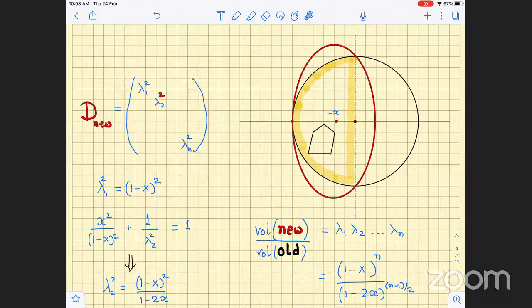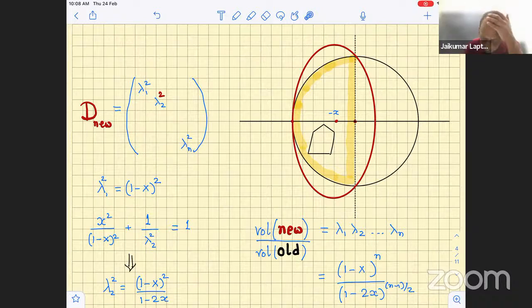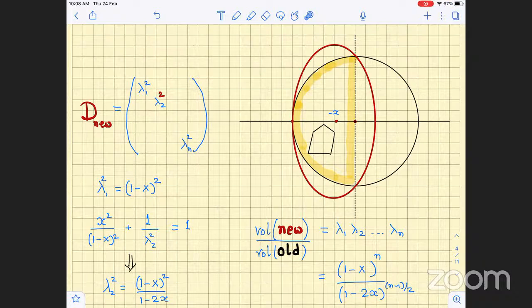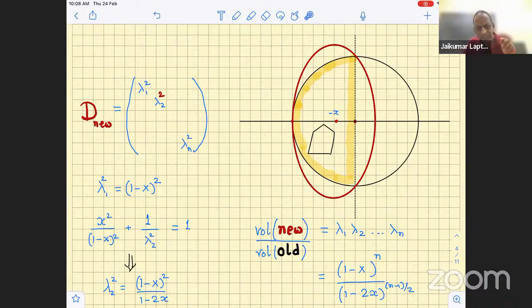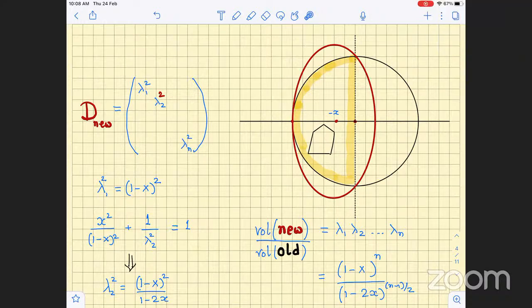Okay, but in that case, why do you use the equation of the hyperplane? For every lambda we derived, when do you use any equation of the hyperplane here? So these lambdas we got from x, and x we just set to be 1 by n plus 1.